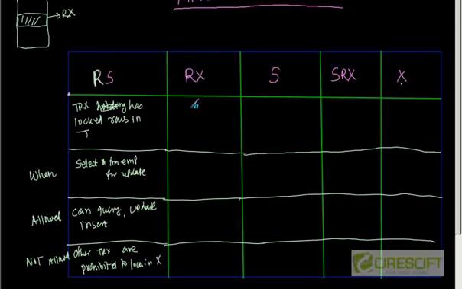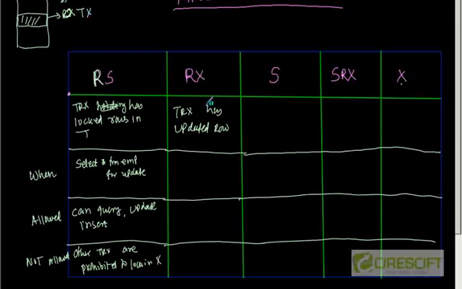Then the RX lock indicates that a transaction holding this RX lock has already updated a couple of rows. Here with RS the intention is to update, but here the transaction has updated rows. Whenever the transaction has updated a row, we put a lock. Sorry, the transaction row lock is called TX, not RX.